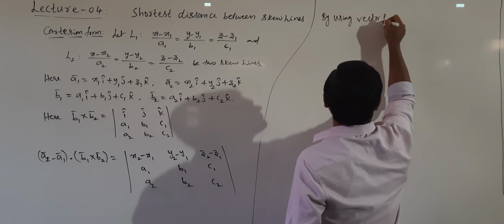So therefore d I can write as, numerator is this determinant. So determinant of x2 minus x1, y2 minus y1, z2 minus z1. Next a1 b1 c1, a2 b2 c2.